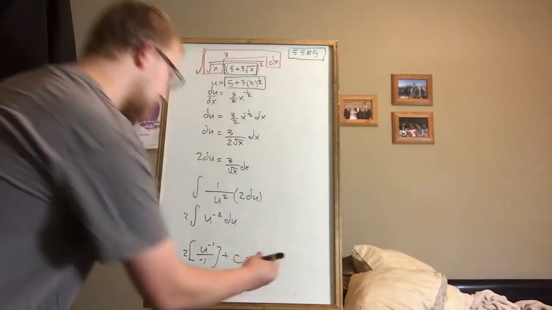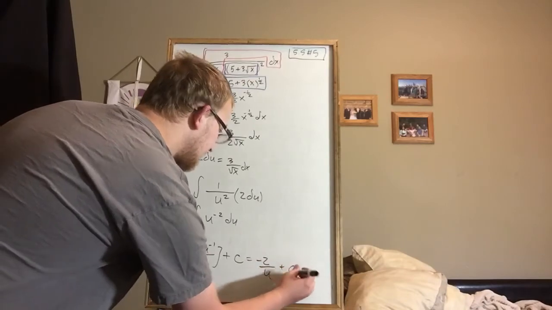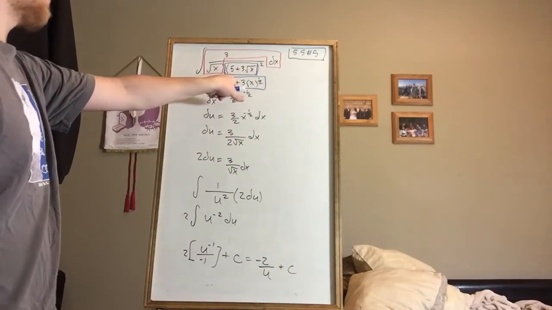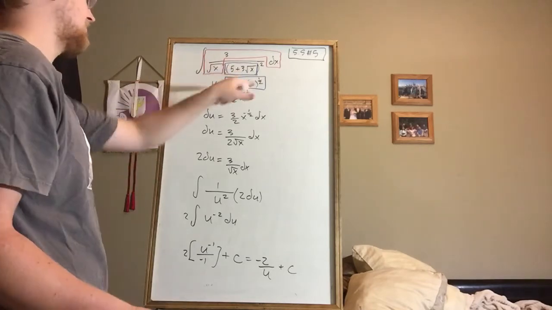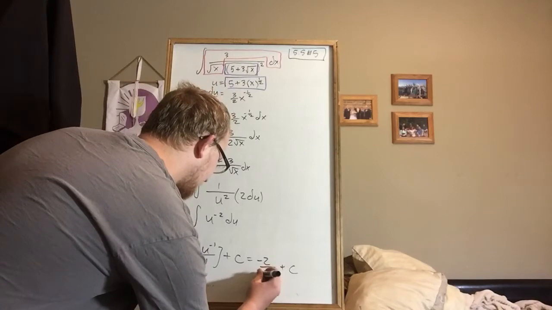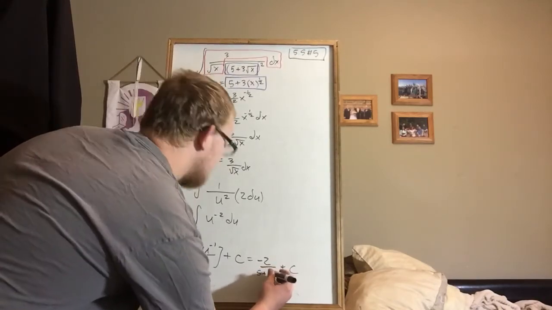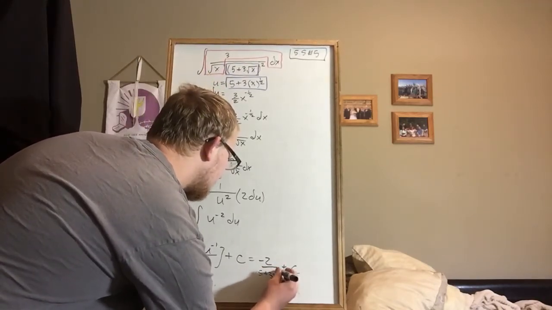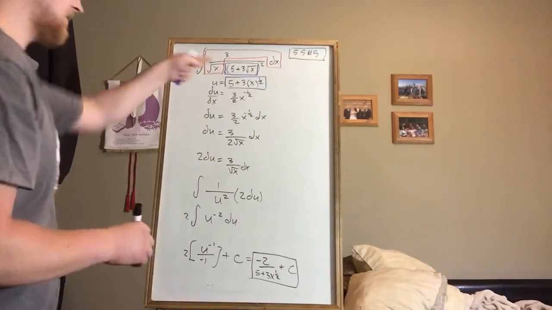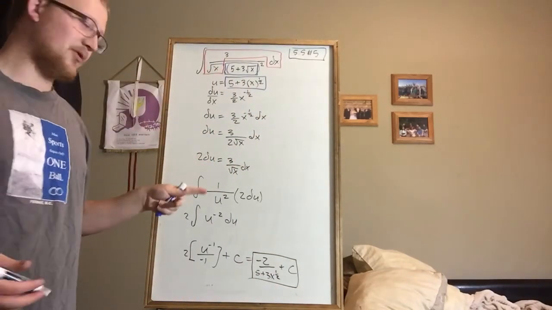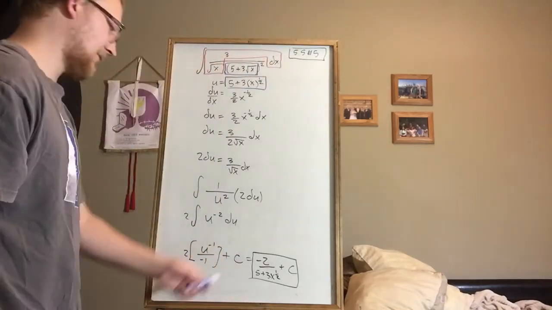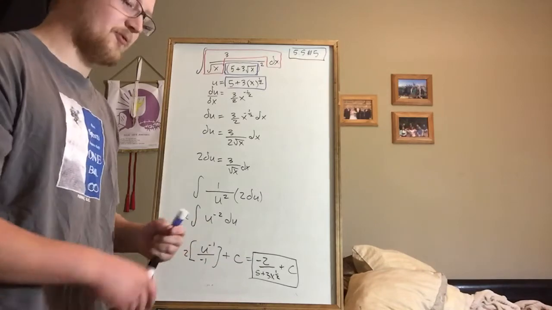Then we can resubstitute what our u was in the first place, which is 5 plus 3x to the 1 half. So we substituted, solved it in its simpler form, and then resubstituted at the end in order to get it back into its original form.